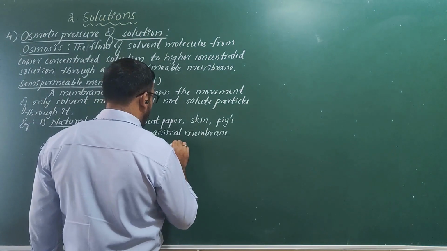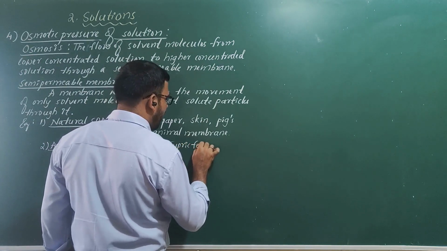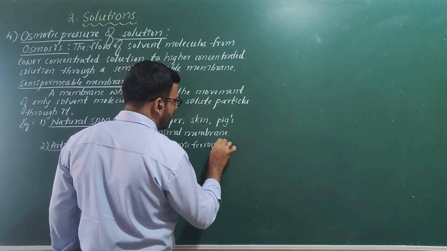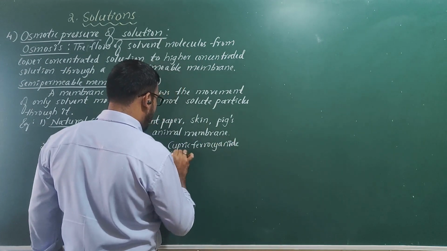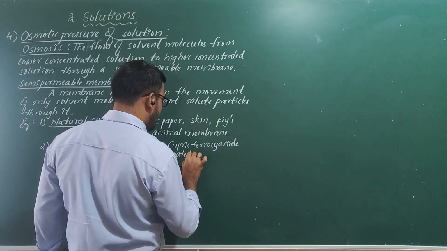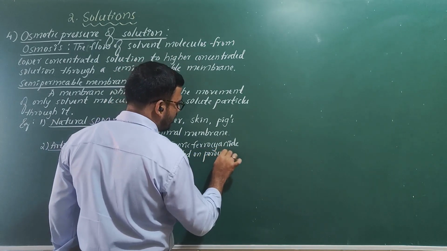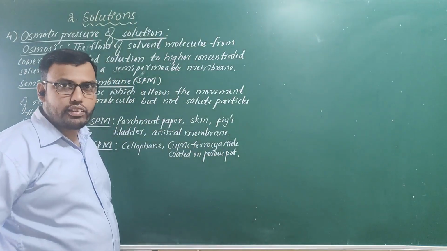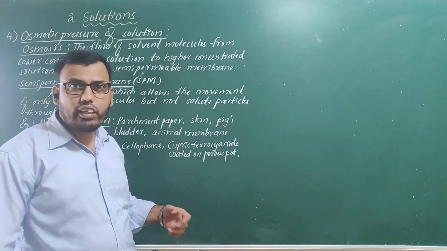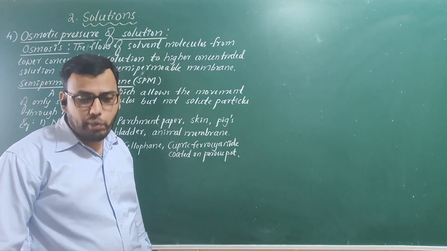Then we have cupric ferrocyanide coated on a porous pot. It requires a support for that. If it is coated on a porous pot, it will behave like a semi-permeable membrane.